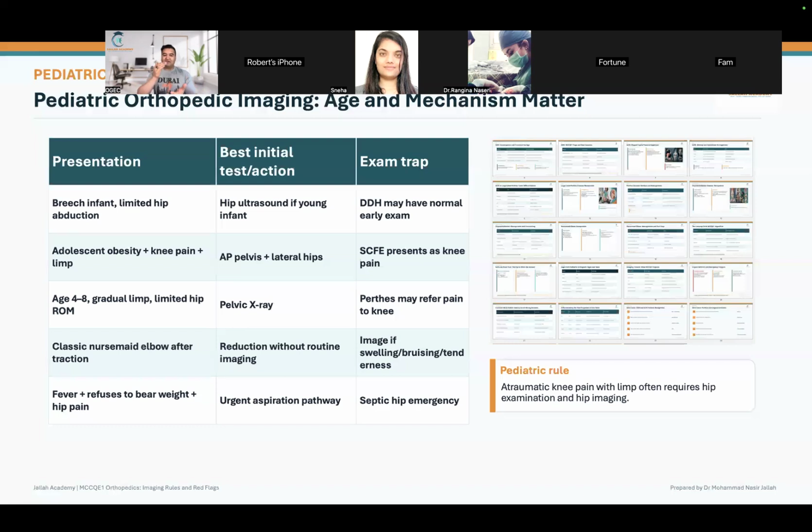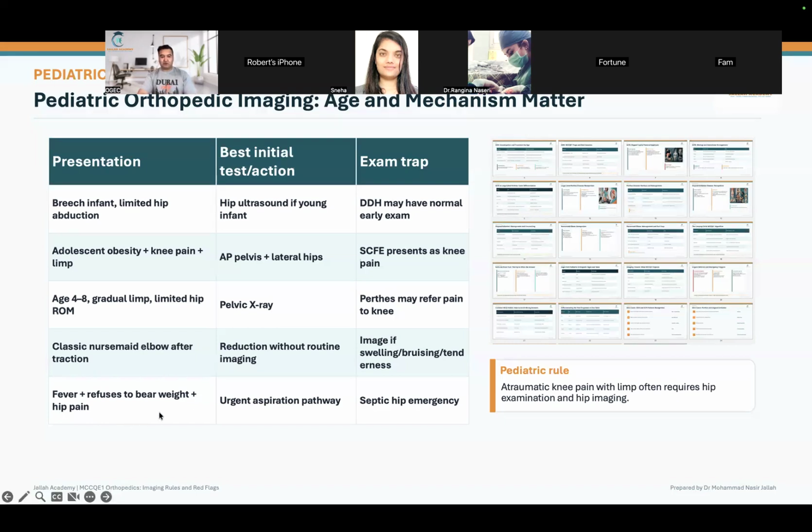No. But if I have a nursemaid elbow plus swelling, plus a tenderness point, plus bleeding, or plus suspicion of fracture, of course I have to do an X-ray, right?